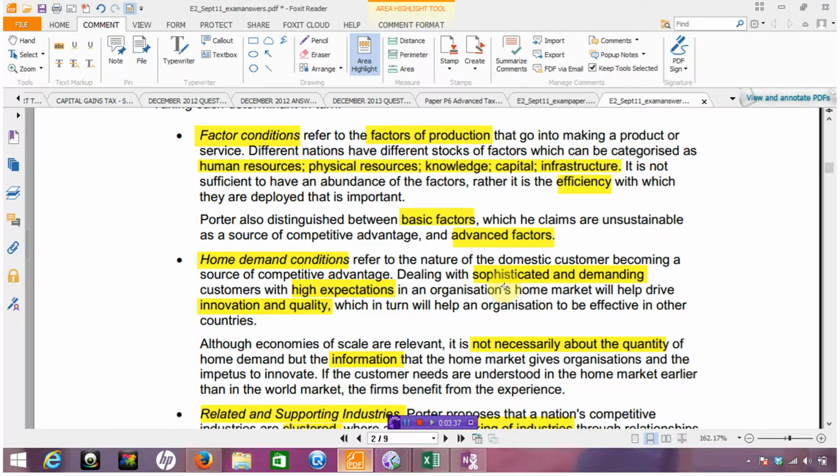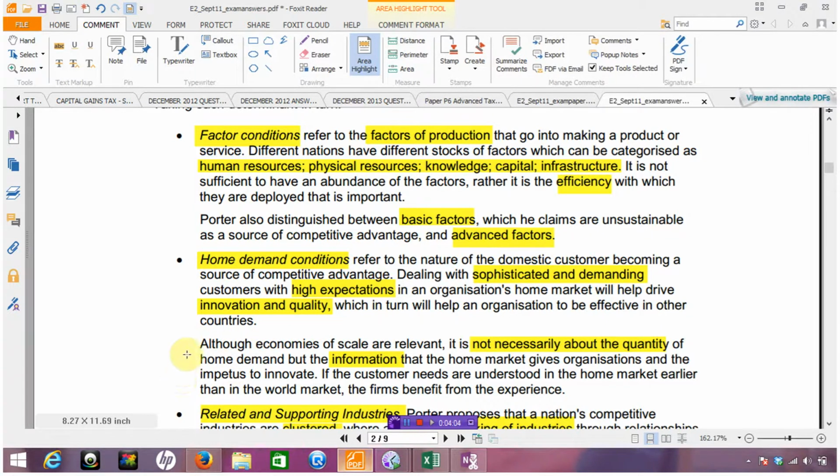We're really talking about the degree to which the home country learns from its customer, and the more sophisticated and indeed demanding the customer is, or the higher the expectations are, that's going to drive innovation and quality, and that's going to help improve the industry generally within the country, and probably give a platform perhaps for overseas expansion, as with perhaps the German car industry.